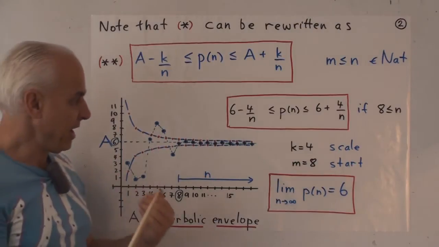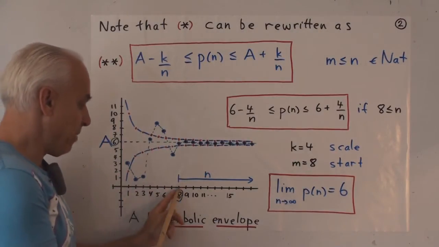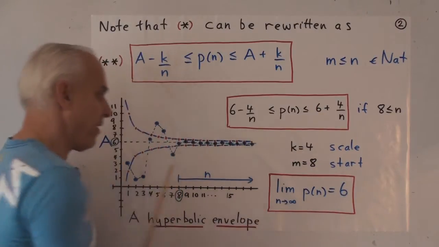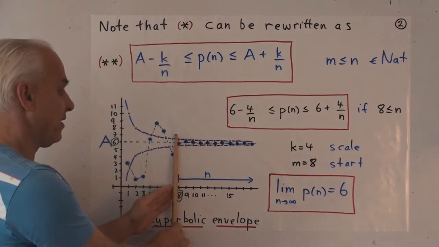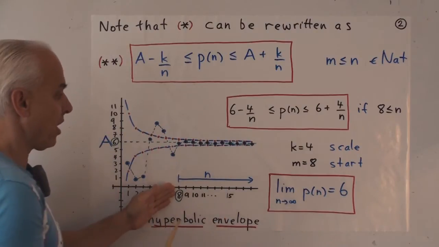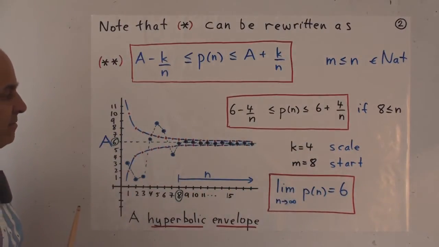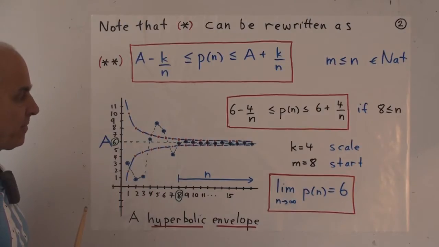So the claim is that if n is bigger than or equal to 8, in other words, if we just look from here on, then yes, indeed, the sequence's values are satisfying this inequality.